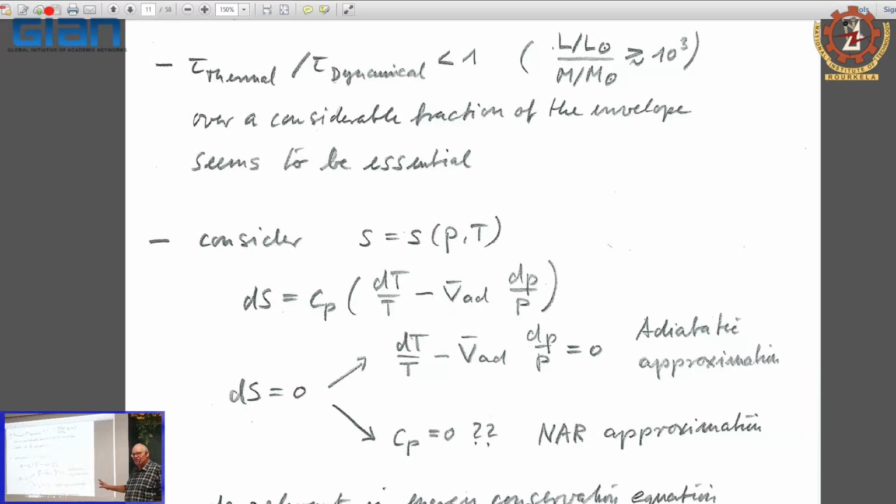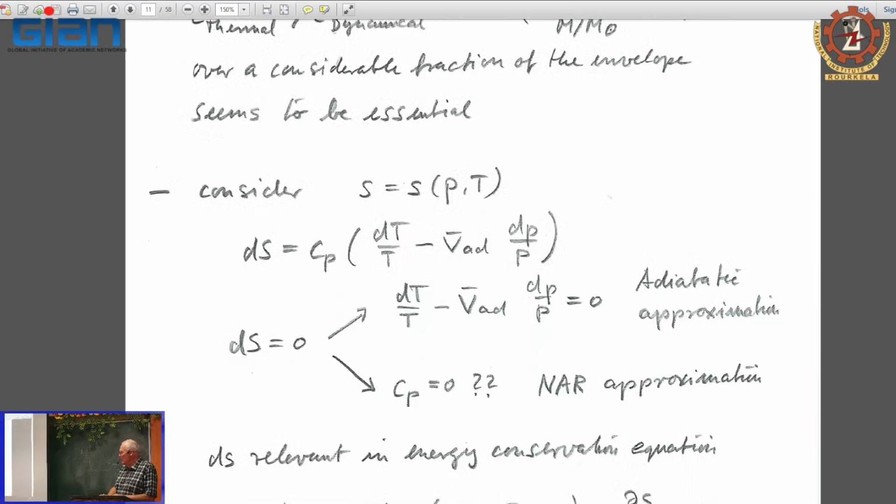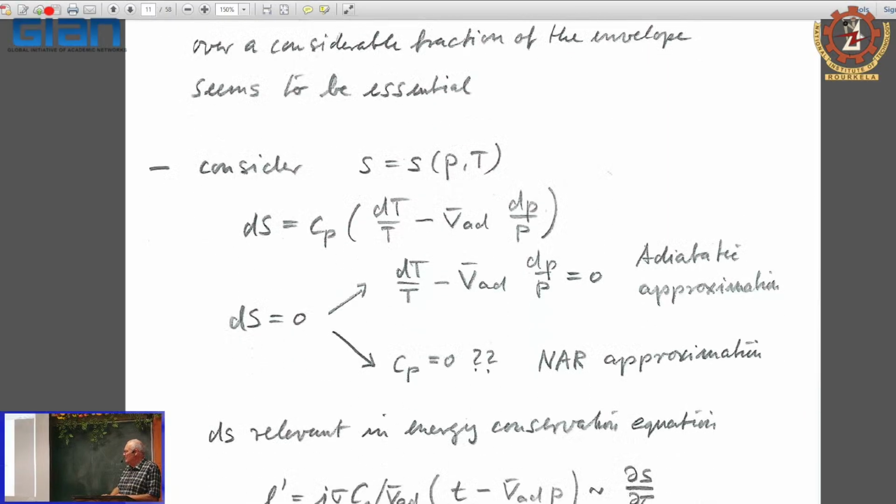Okay, the question, of course, is: is it meaningful? What are the results of these approximations? And what are the physical consequences and the physical implications of such a strange way of getting rid of the derivative of the entropy, or the change of the entropy?